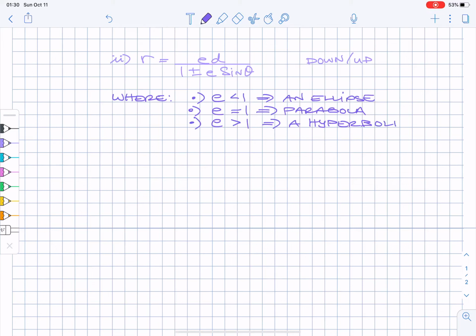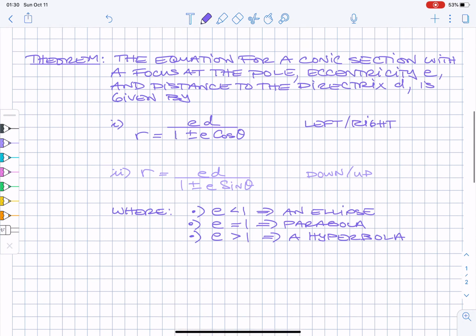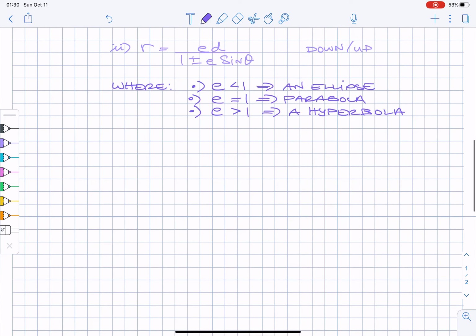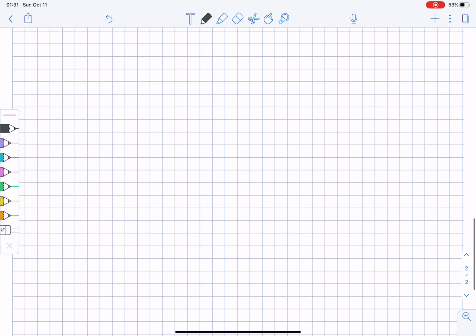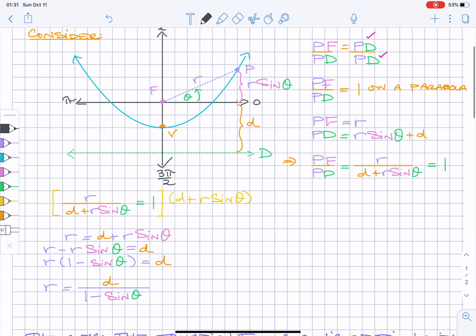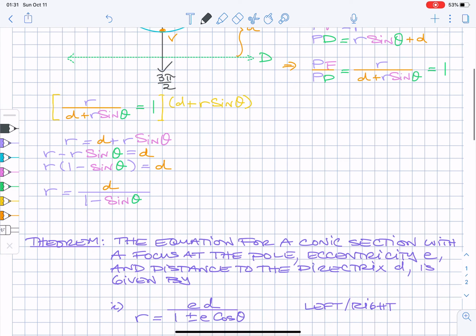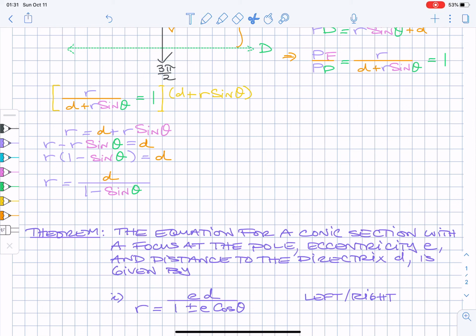Now, this is going to be so much nicer when it comes to plotting these things. It's amazing. So let's go ahead and plot some because they're so lovely. Do I have enough room to plot on? Let's see, 1, 2, 3, 4. Oh boy, I don't know. Do I have enough room up here? Maybe if I rearrange some things.